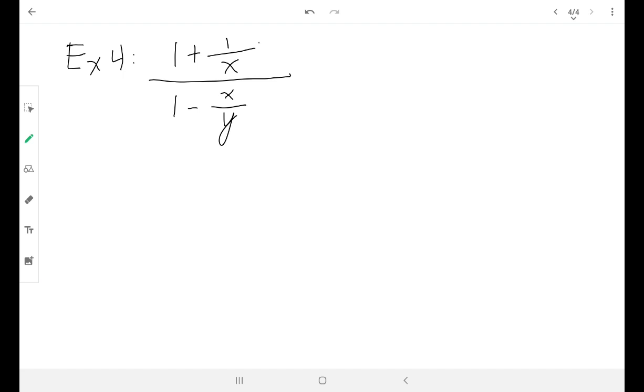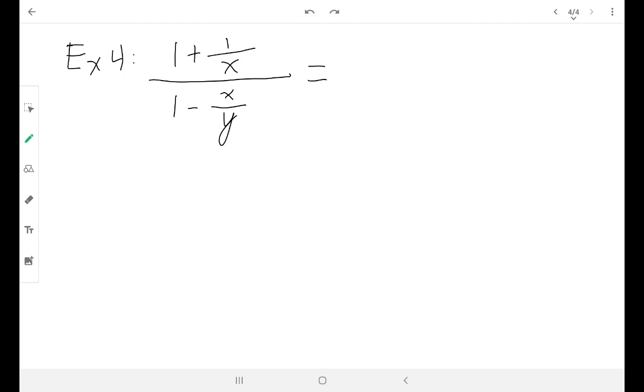Okay, so let's start by putting these together and getting single fractions on the top and bottom, and that way, once I've done that, it's easier for me to turn this division into multiplication by reciprocal. Okay, so the way I'm going to do that, the easiest way, is to take each of these ones and make them fractions with common denominators as the other part.